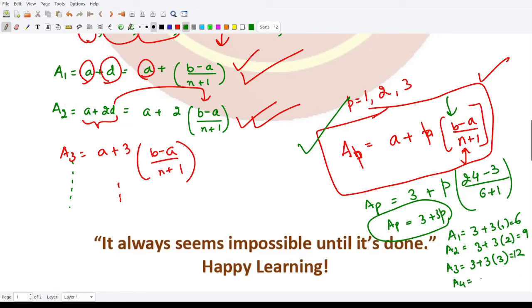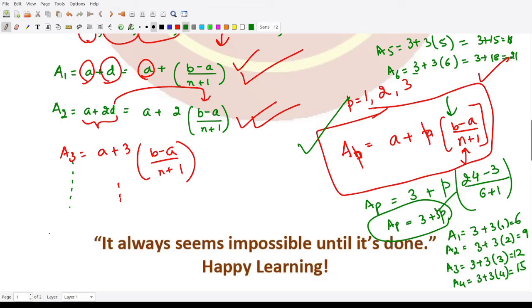Then A4 would be 3 plus 3 times 4. So 12 plus 3 is 15. Correct. Similarly, what would be the value of A5? Here A5 would be 3 plus 3 times 5. So it is 3 plus 15, which is 18. Correct. And the value of A6 would be 3 plus 3 times 6, which is 3 plus 18, which is 21.